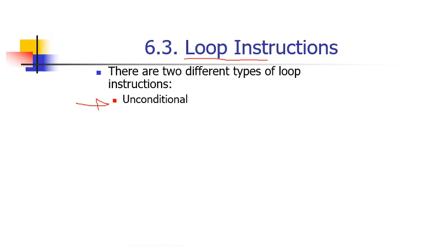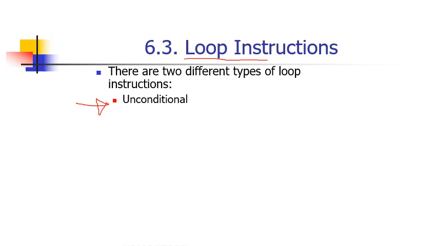Unconditional looping: you loop without checking any condition to go inside the loop. You execute a portion several times. Each time you go over this piece of code, we call it an iteration. How many iterations you need to do should be placed in your CX.